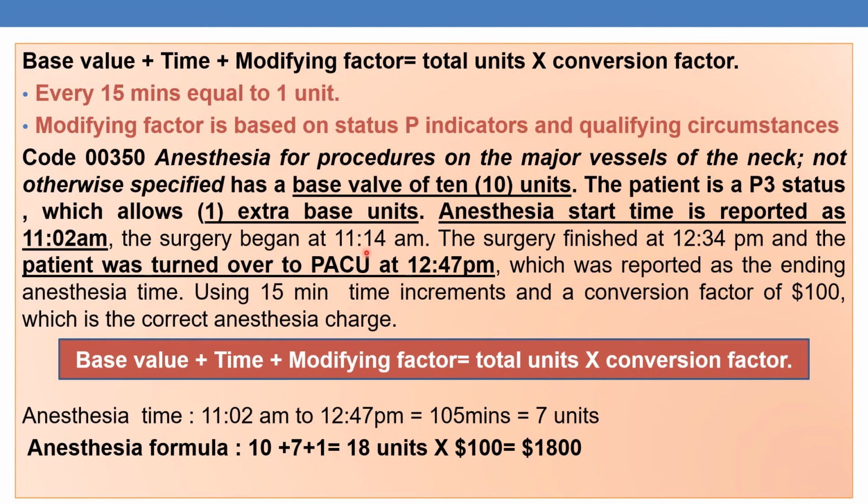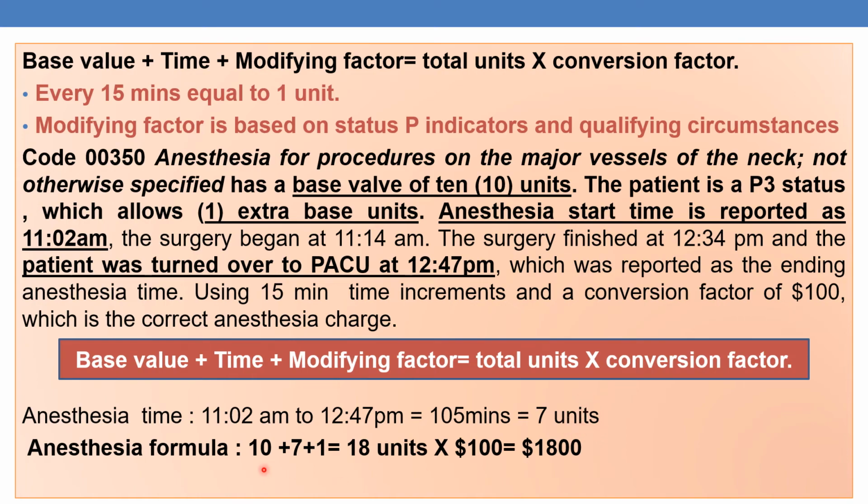Anesthesia start time is 11:02 a.m. and the patient was turned over to PACU at 12:47 p.m. So the total anesthesia time is 11:02 a.m. to 12:47 p.m., which is 105 minutes. Here each 15 minutes equals 1 unit. If you divide 105 by 15, the total number of units will be 7 units. This will be taken under time.